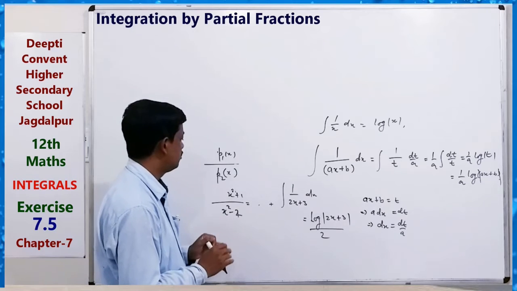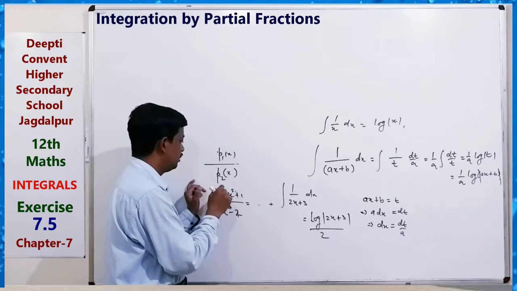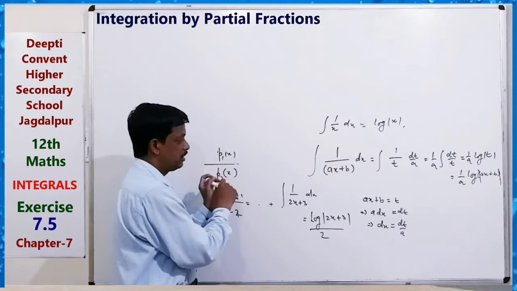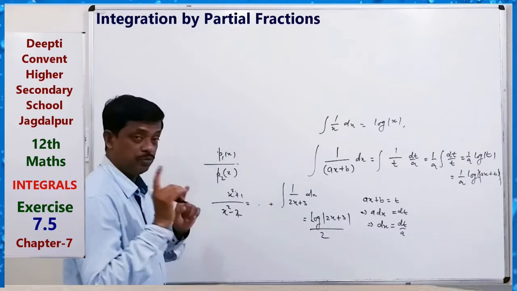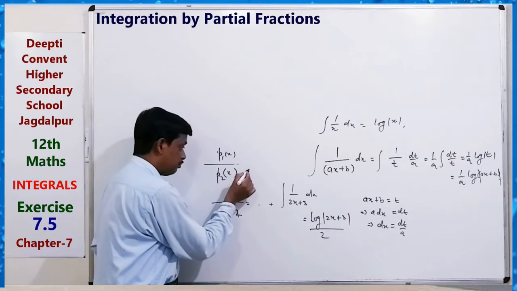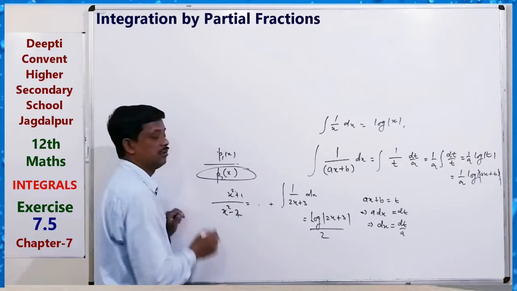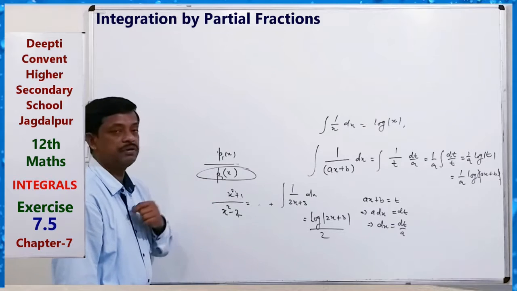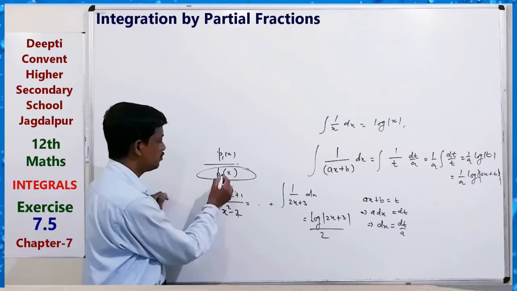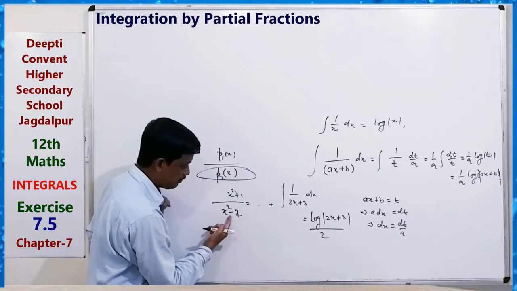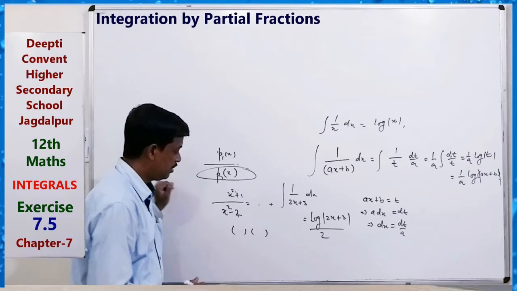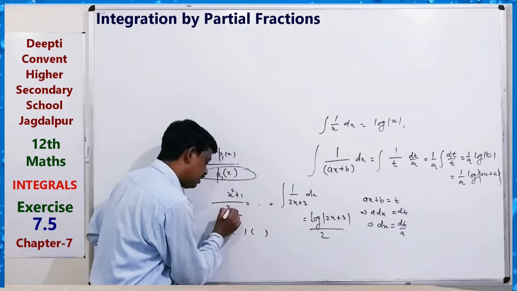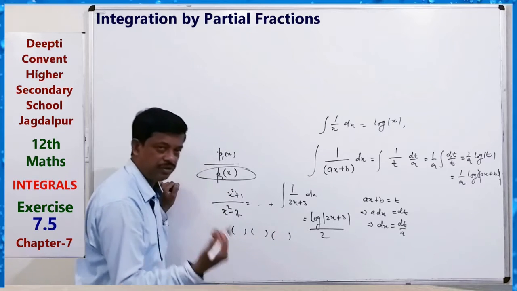So first of all, we have to see whether this is a proper fraction, then we can express it as a partial fraction. For that, we require the factorization of the denominator first. Suppose this is of second degree, then this can be factorized into linear factors, and if it is third degree, then 3 factors will be there.